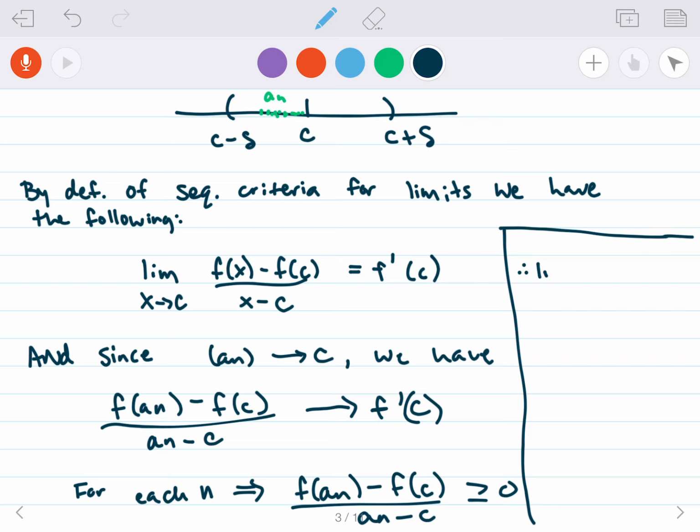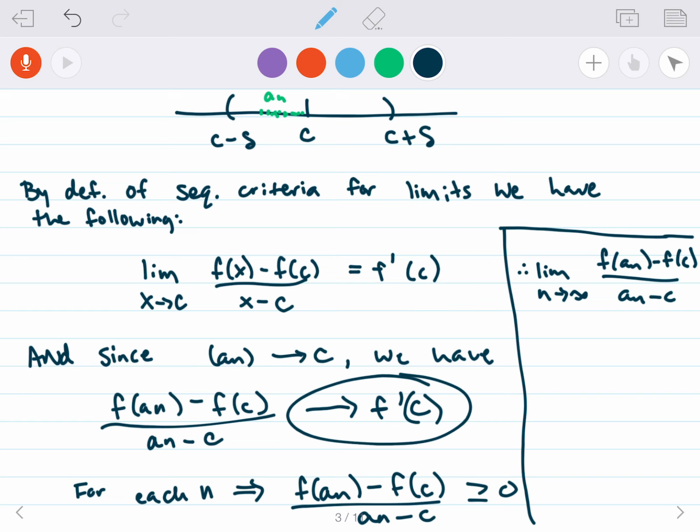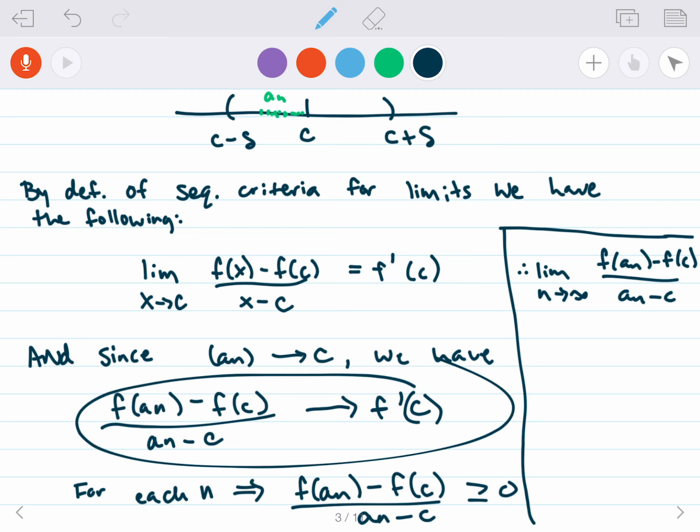So therefore the limit as n goes to infinity of f of a sub n minus f of c over a sub n minus c. Well, we know what that limit is. It's f prime of c, just by the sequential criteria for limits. So that's what it means for this to go to f prime of c.